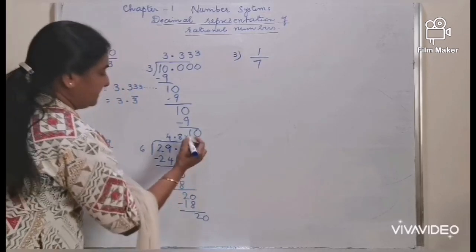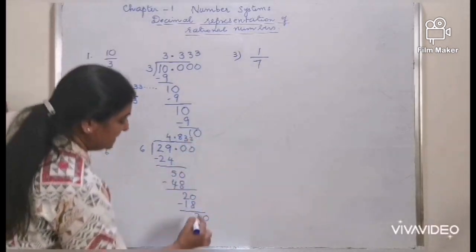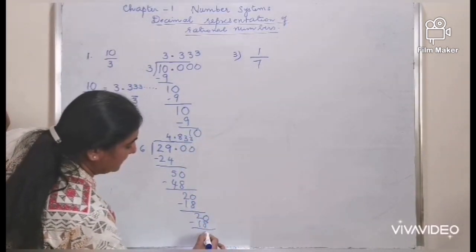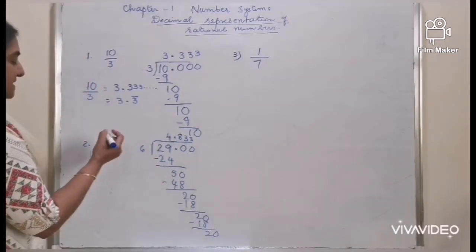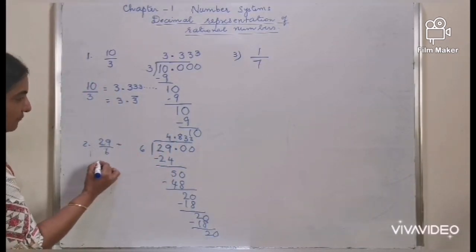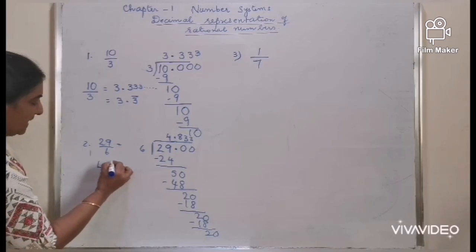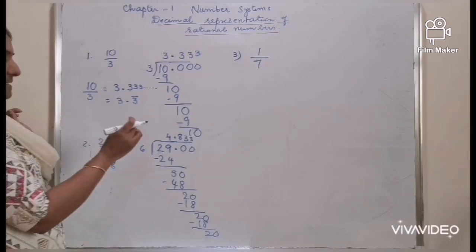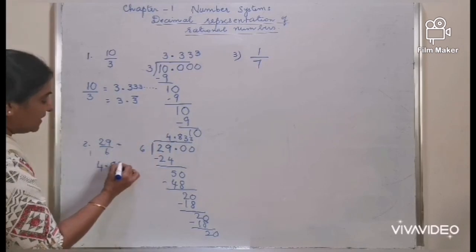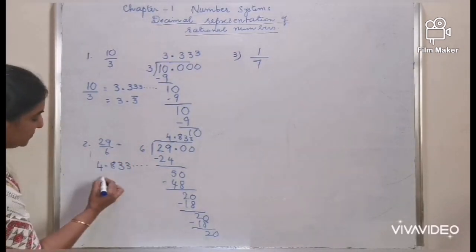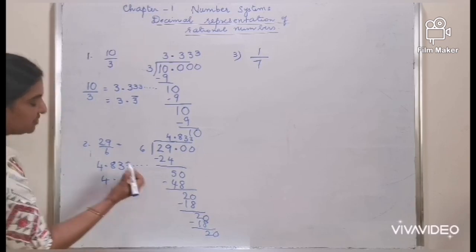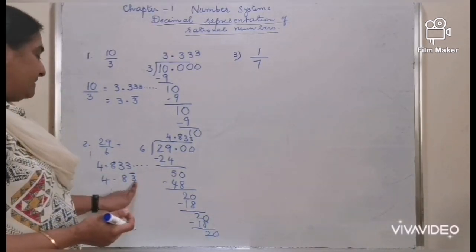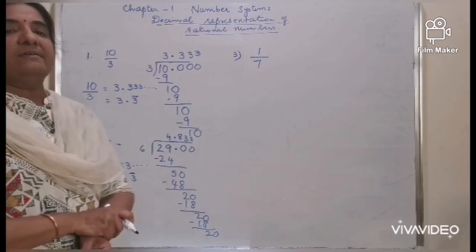Again 20. 6 3s are 18. Again 20, and so on. Here you can see it is 4.8. The recurring digit is only 3. So to avoid confusion, you can write it as 4.83 with a bar on 3, which shows that only the digit 3 is recurring.